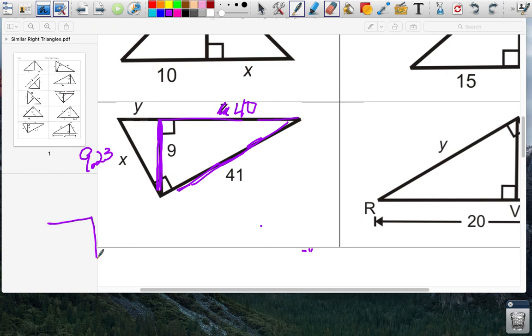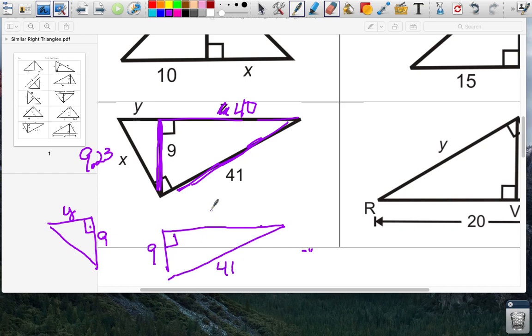Sorry. And this is y. This is 9. And I'm going to use that same triangle. Sorry, I erased everything. So this is 9 degrees. This is 9. The biggest side is 41. And this is 40. Okay.